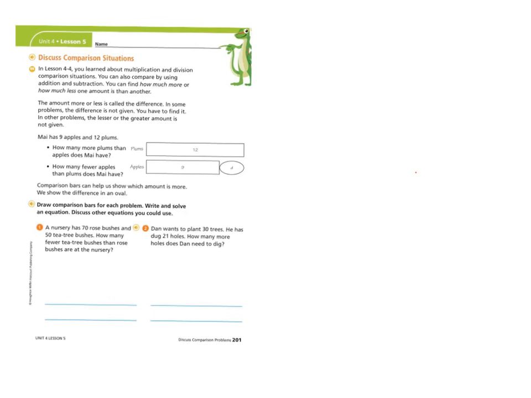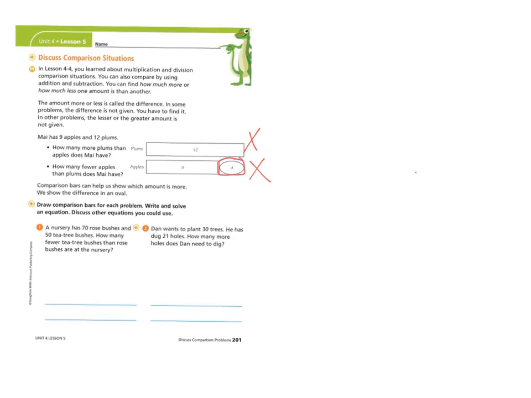So here's our first example. Mai has 9 apples and 12 plums. How many more plums than apples does Mai have? So here are our comparison bars. Plums is right here. Apples is right here. The question says, how many more plums than apples does Mai have?